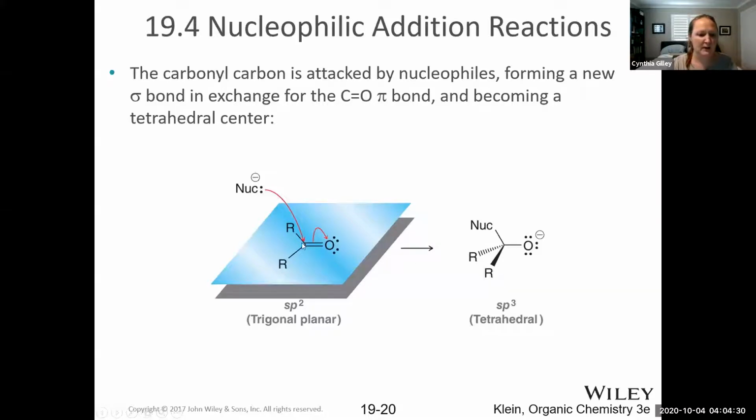Right now, this carbon is sp2 and trigonal planar, right? So the nucleophile will be able to attack from the top face or from the bottom face, same angle here, right? And with respect to the oxygen. And that will potentially produce a racemic mixture if these two R groups are not identical groups.